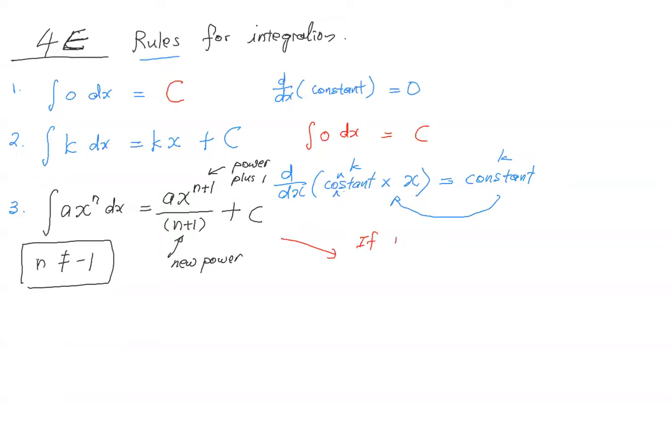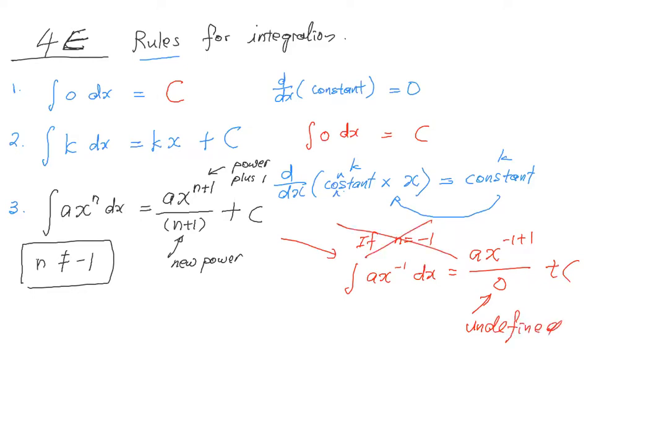If n equals -1, if I integrate and follow this rule, the new power is 0. So this is undefined, so it cannot be used. Are you clear?